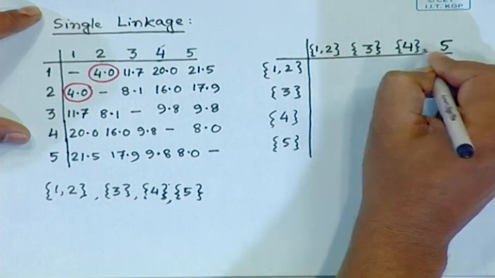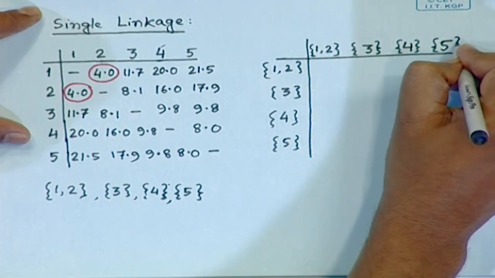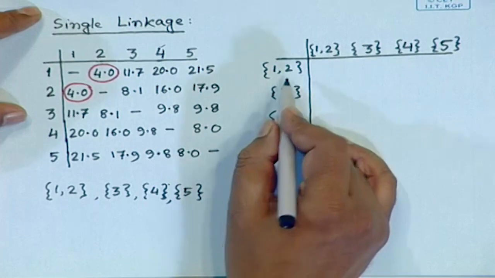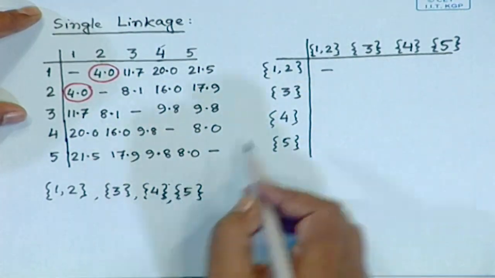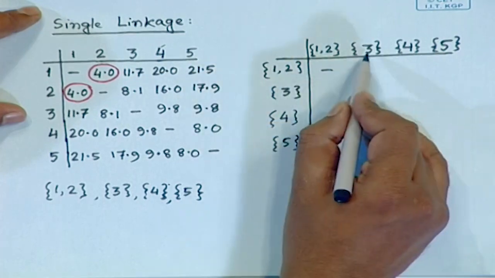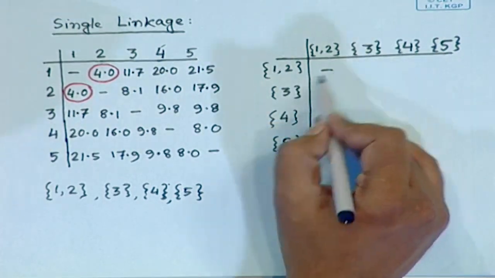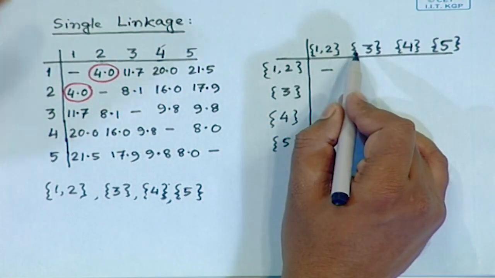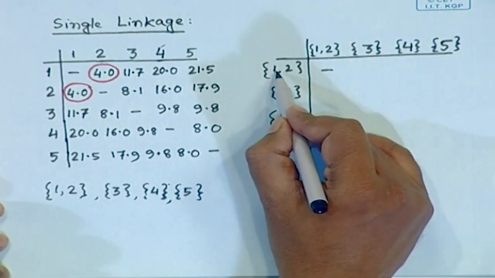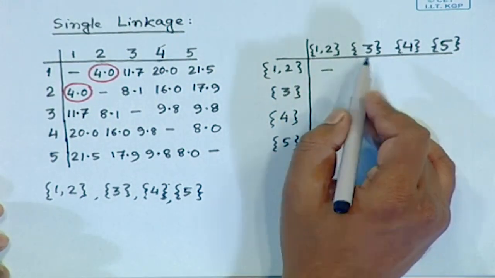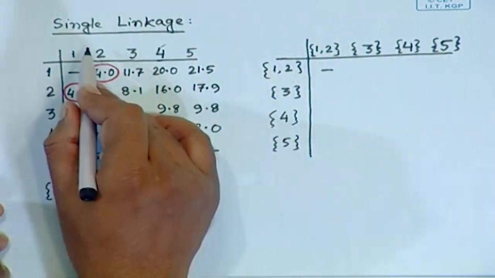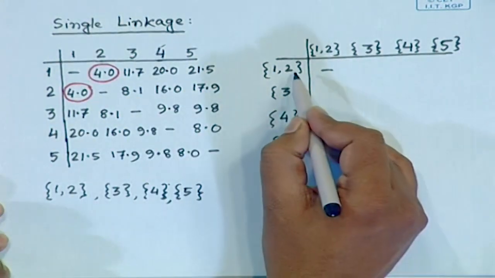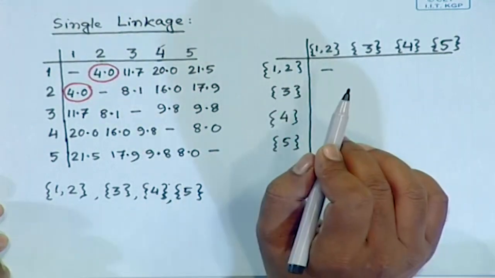Let us put them as sets. Okay. So, again distance between 1 2 and 1 2, obviously it is 0. What is the distance between 1 2 and 3? To compute the distance between 1 2 and 3, I have to compute the distance between 1 and 3, and the distance between 2 and 3, and because it is single linkage algorithm, I have to take the minimum of these two distances.